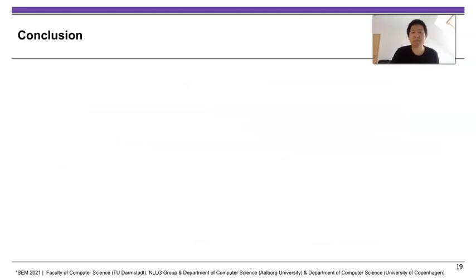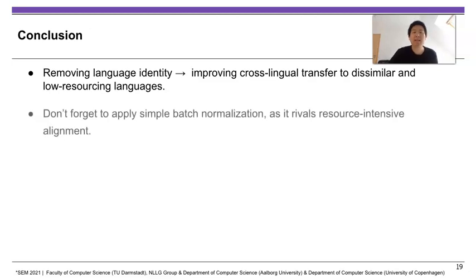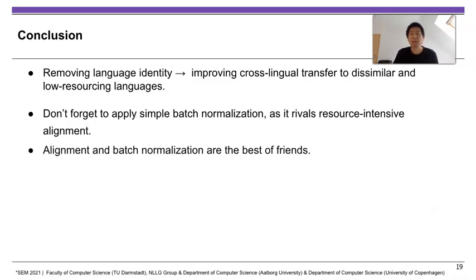Our conclusion is the following. First, we show that removing language identity really helps and can improve cross-lingual transfer. Second, we show: don't forget to apply a simple batch normalization, because it can rival resource-intensive alignment and also leads to more consistent performance gains. We also find alignment and batch normalization are best friends because they are complementary solutions.